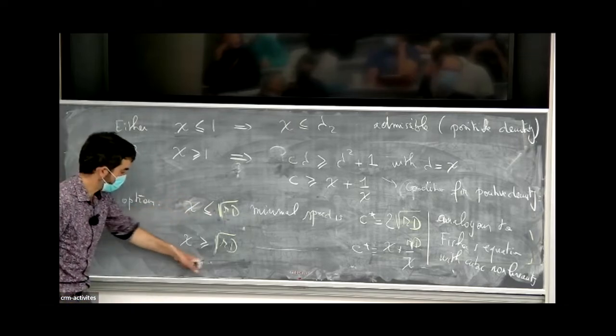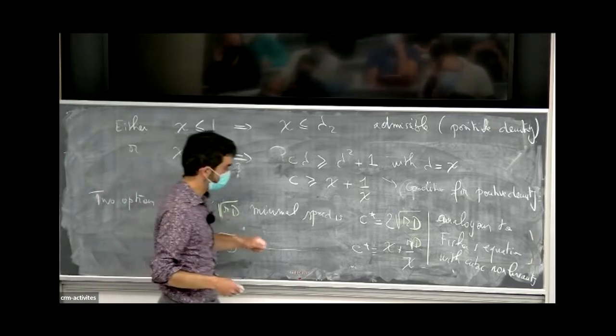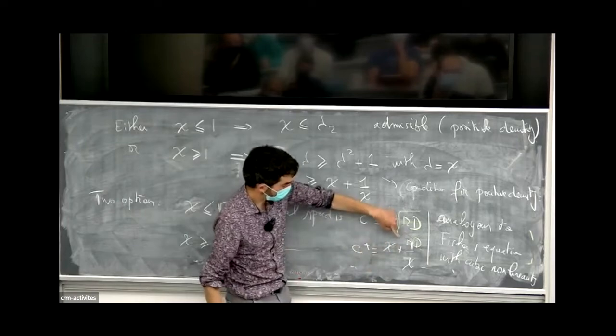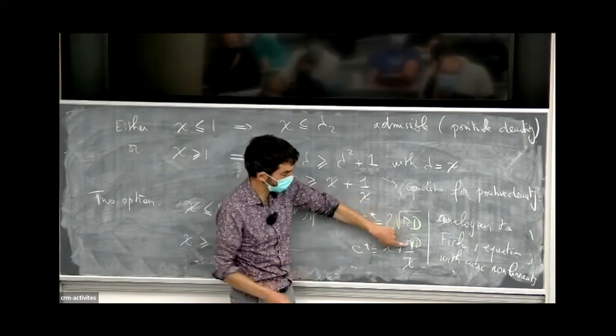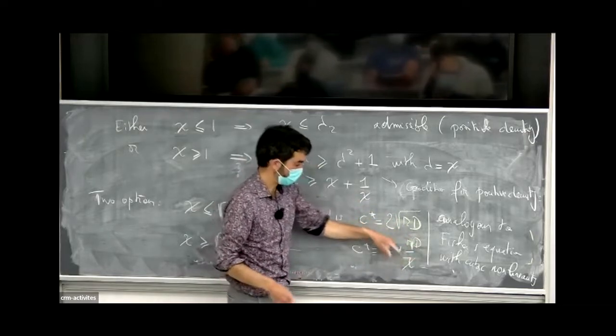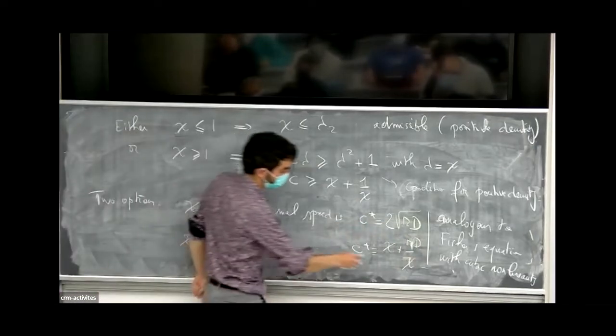On the other side, when the drift is large enough, then it truly contributes to the overall speed. And as I tell you in my mass balance argument, the minimal speed is the drift speed plus some additional term due to the growth at the edge. So this is why you have this little thing that really enhances the speed.